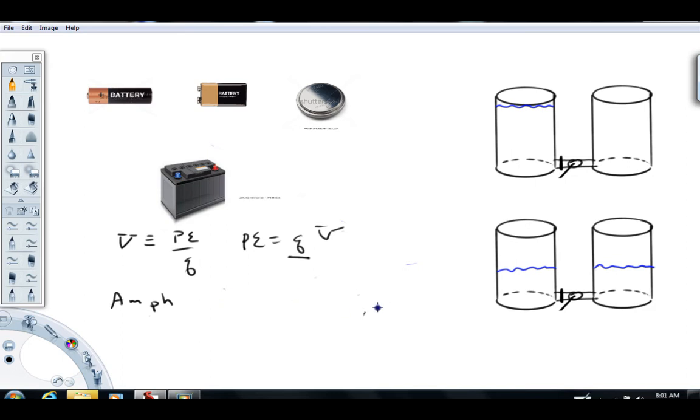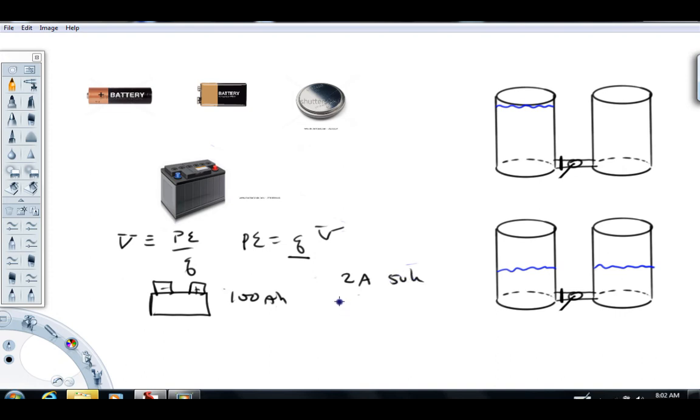Let me talk about why the amp hour rating is such a nice convenient way to look at a battery. I run an electric trolling motor on the front of my boat, and I buy a 12 volt deep cycle battery to power it, and I usually look for batteries that are around 100 amp hours. What that 100 amp hour battery basically means is this: if I were to hook it up and have an electrical draw of say 2 amps, it would run for 50 hours.